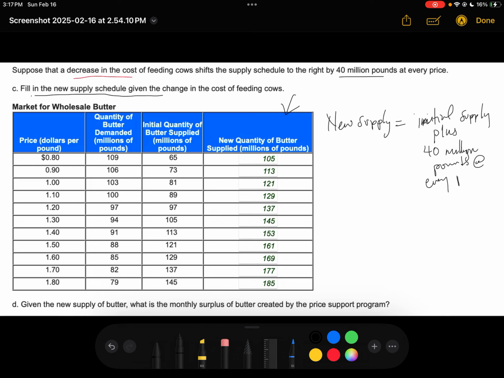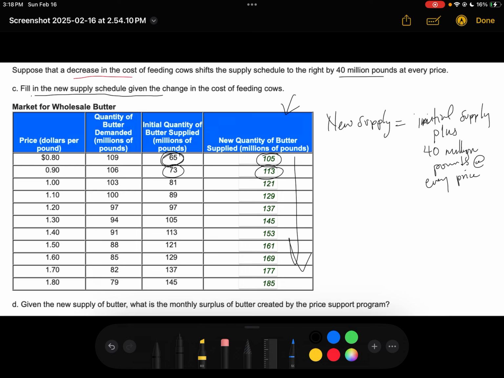So we take our 65, we add 40, and we get 105. We take our 73, we add 40, we get 113. You see how that's going to go?